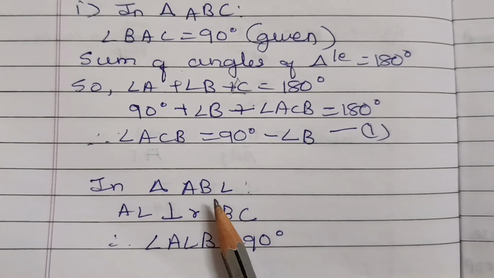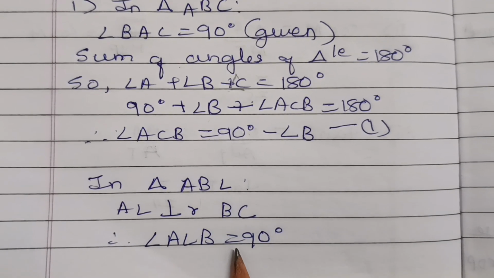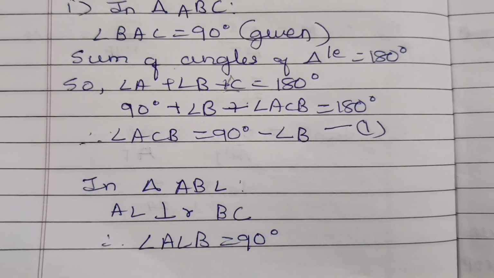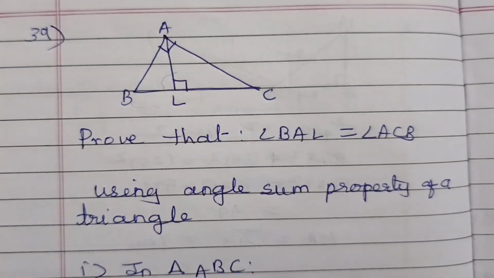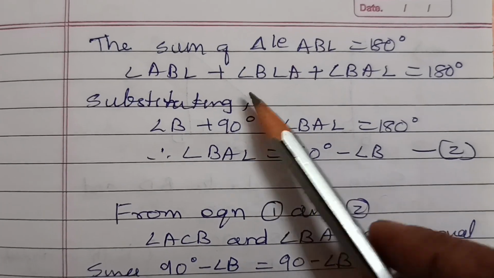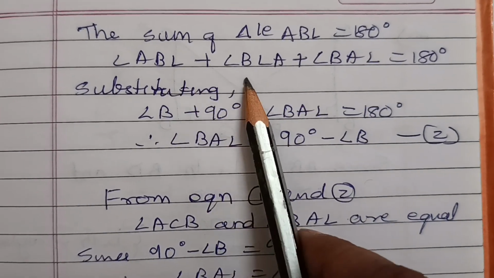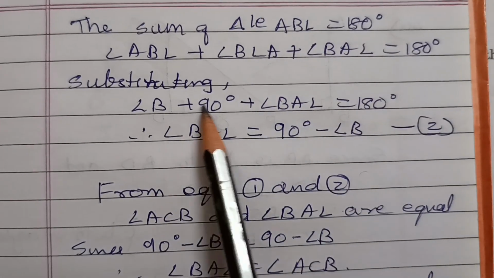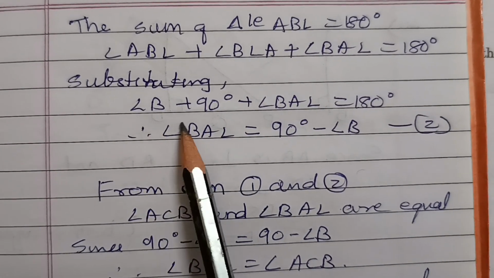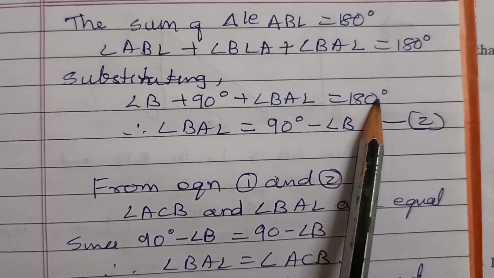Then in triangle ABL, AL is perpendicular to BC. Therefore, angle ALB is 90 degrees. The sum of the angles of triangle ABL is 180 degrees. Angle ABL plus angle BLA plus angle BAL is 180 degrees. Substituting the values, angle B plus 90 degrees plus angle BAL is equal to 180 degrees.